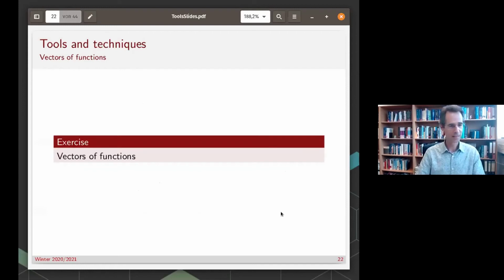Right, so there are two things which are just about simple technical issues in R. I think it's very quick to do them. The first one is the linear interpolation. The second one is these vectors of functions.